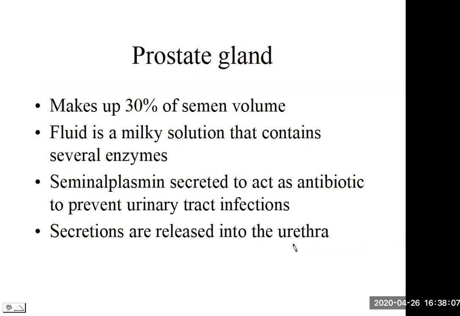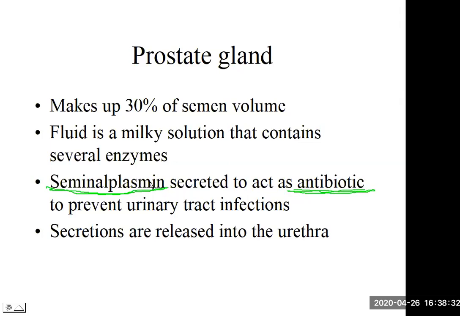So the prostate gland itself is again a source of seminal fluid. And in particular, it's the source of this material known as seminal plasmin. And seminal plasmin acts to kill bacteria. It functions as a naturally produced antibiotic, fighting off bacteria.